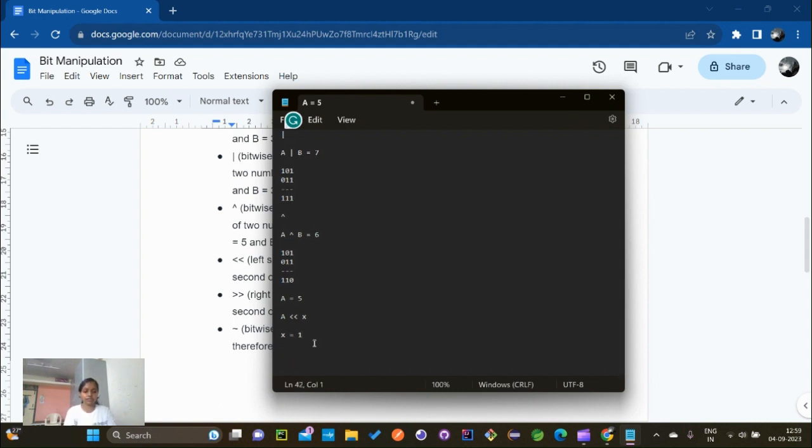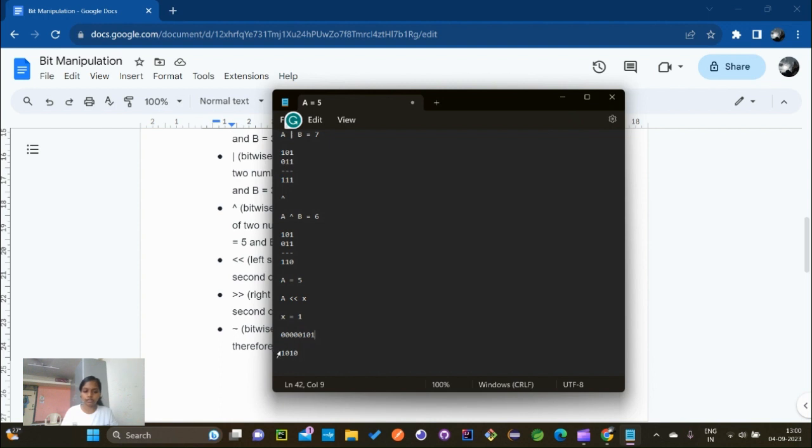So what is 5? It's 101. If I do the left shift of 5, we have to just shift the bits to the left side by 1. So here it's 1010. We'll get this one, because we can write this 101 as this, if we consider the 8-bit number, then this is the binary representation of 5.